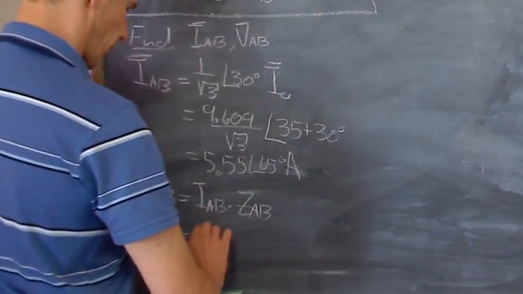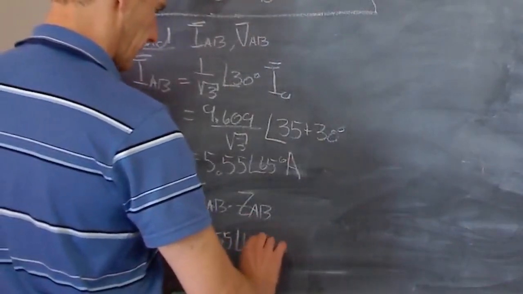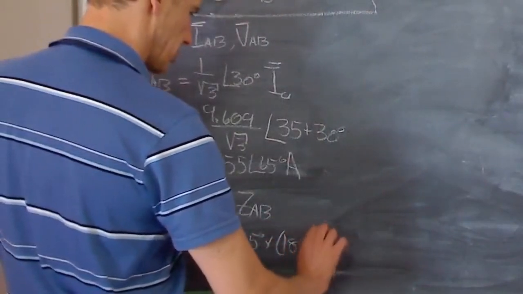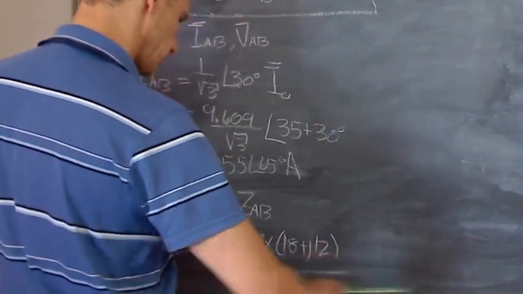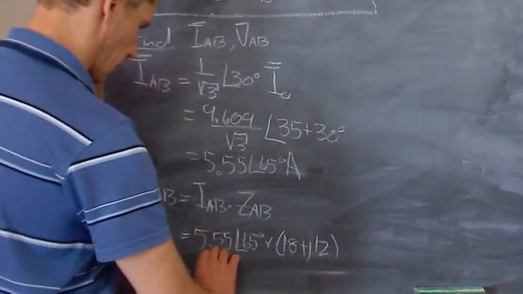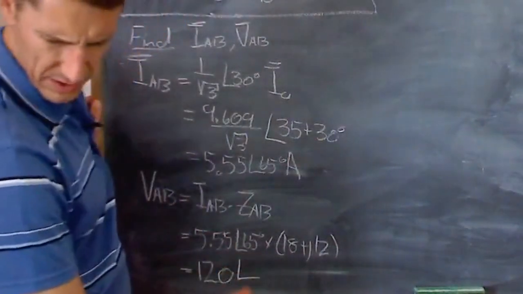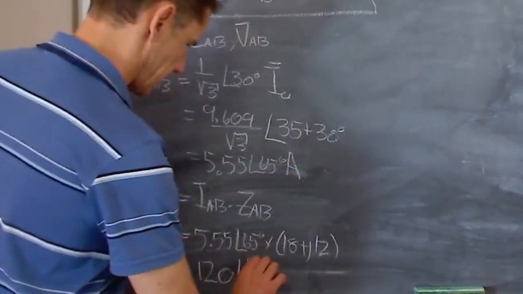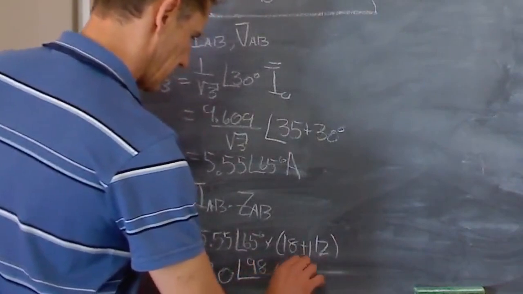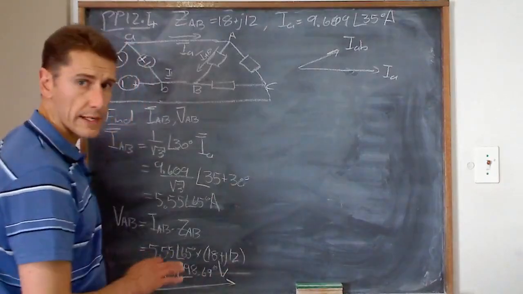So that is our 5.55 angle 65 degrees, and we multiply that by the 18 plus J12. And that gives us the 120 angle. It wasn't such a nice angle, I remember. 98.69 degrees volts.